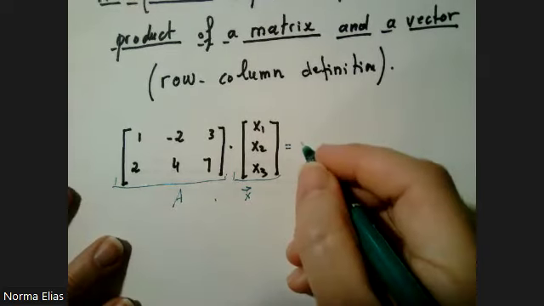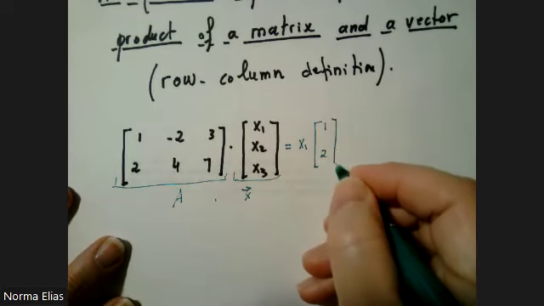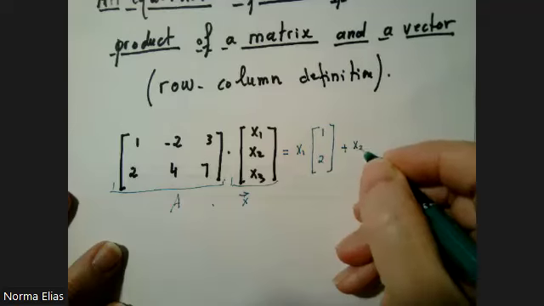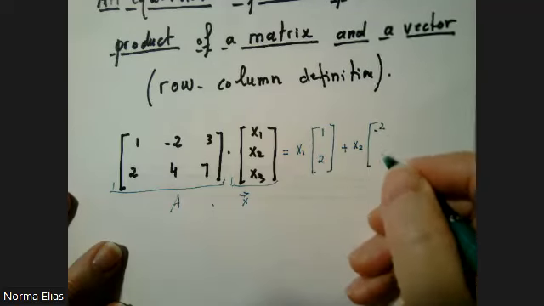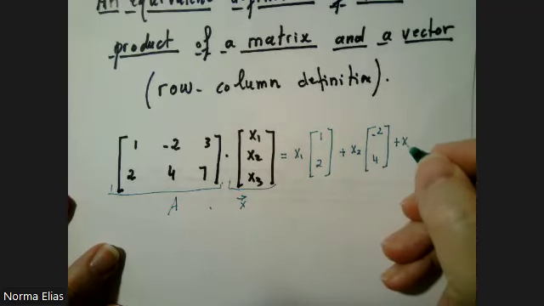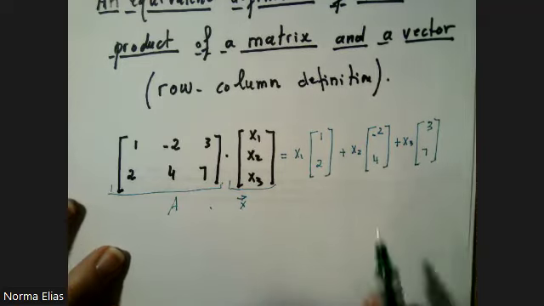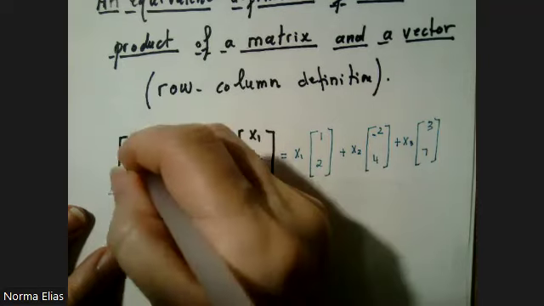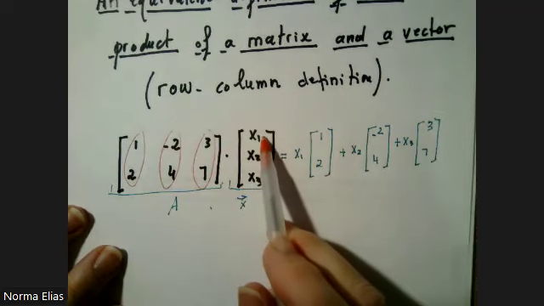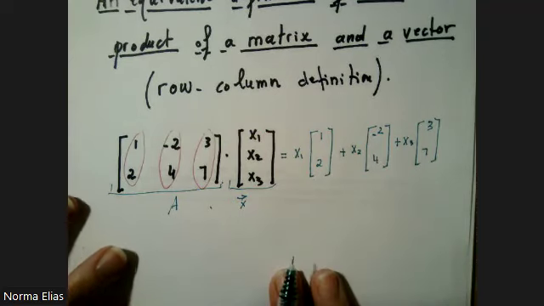This is equal to x1 times 1, 2, plus x2 times minus 2, 4, plus x3 times 3, 7. So I'm not changing the definition, but we're going to look at it from a different point of view. That's our definition. It's a linear combination of the columns of A, where the weights of the linear combination are x1, x2, and x3. That's exactly the definition. All right.